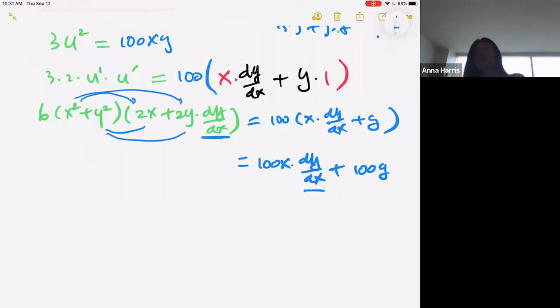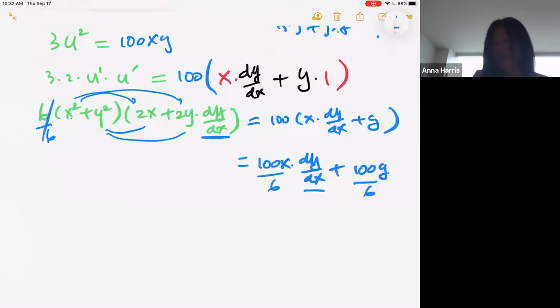I'd rather not, but I have to, otherwise I cannot combine dy dx by itself. All right, so I will FOIL this. And if you want to, you can divide by 6 now for every one of them, so you don't have to worry about the 6. Okay, then just let's FOIL it.